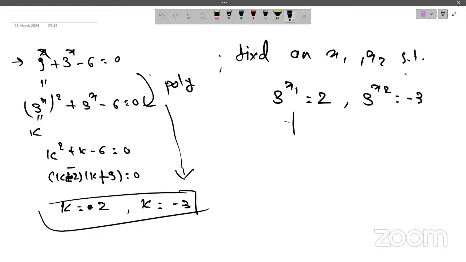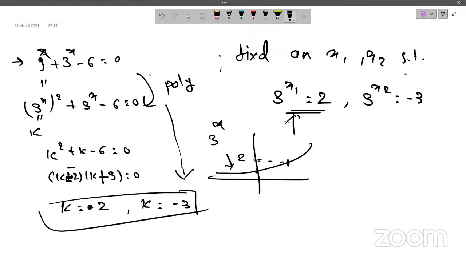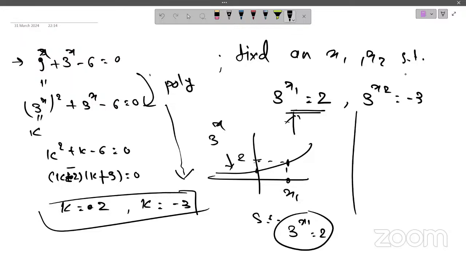You can find an x1 such that 3 to the power x1 is equal to 2, because this is the graph of 3 to the power x, and for a value like 2 there will always exist an x1. This much you know, right? Yes, ma'am. But for this part, you want an x2 belonging to the real numbers such that 3 to the power x2 is equal to minus 3. But this is not possible, right?